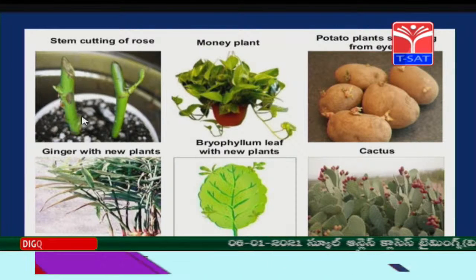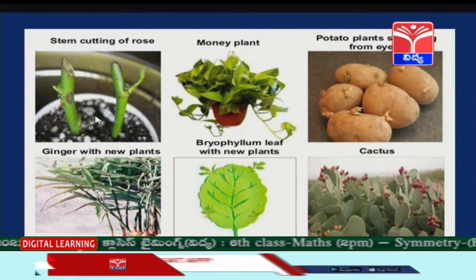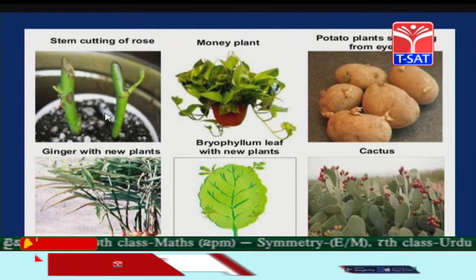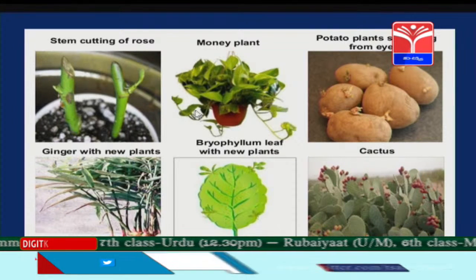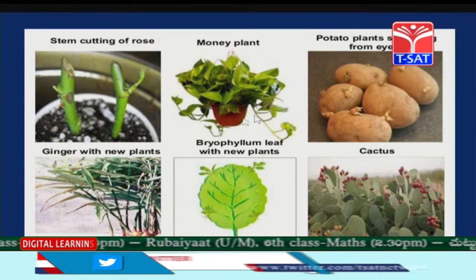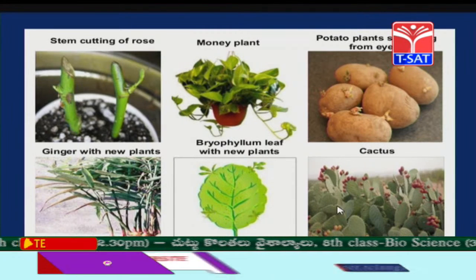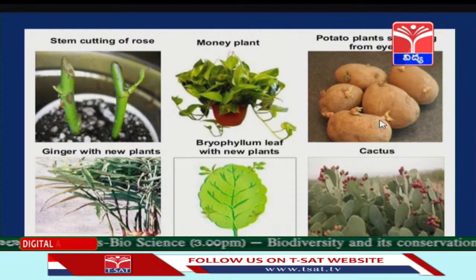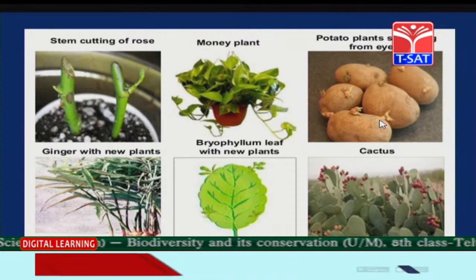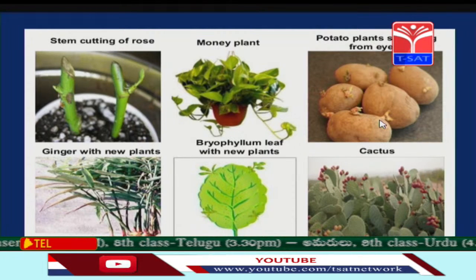See here, children, stem cuttings of roses. Here also, with the help of stem cuttings, a new plant is produced. So cutting is also one type of vegetative propagation. Money plant, grass, bryophyllum, cactus, potato: all these are plants which produce new plants with the help of vegetative propagation.